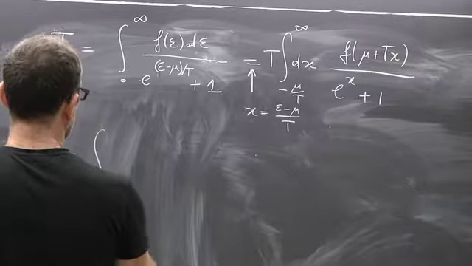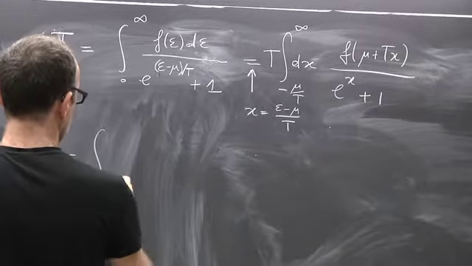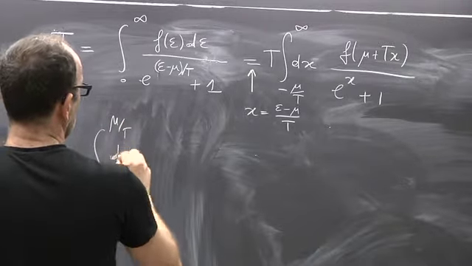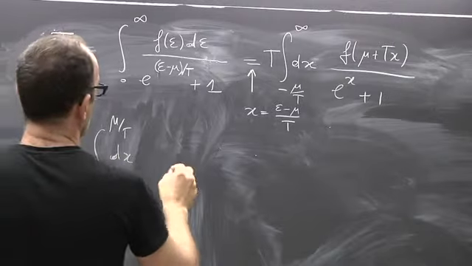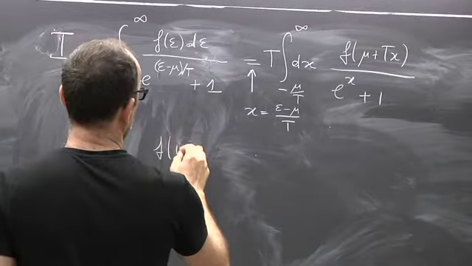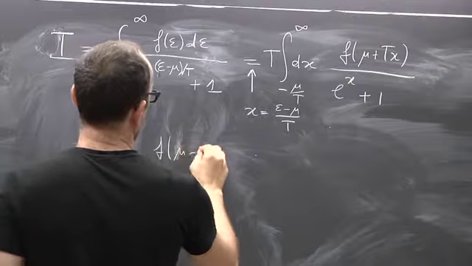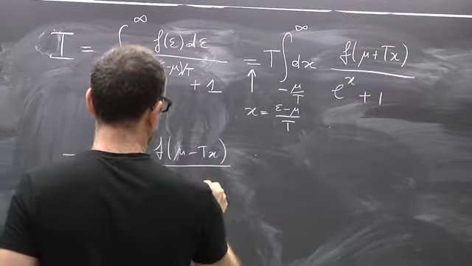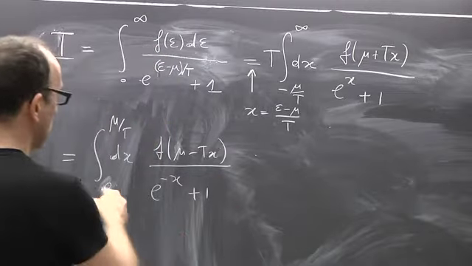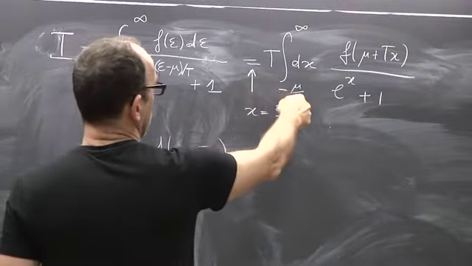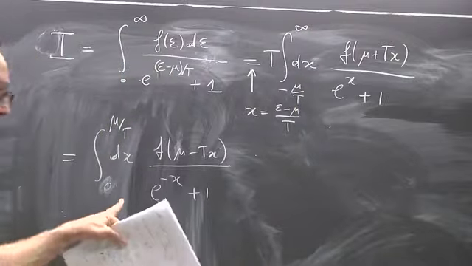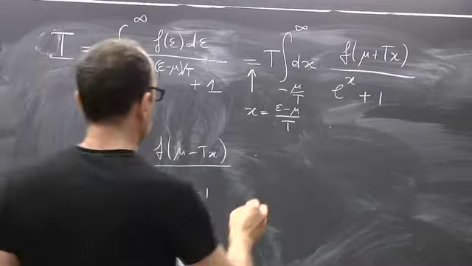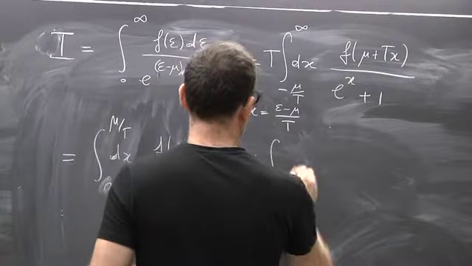So I can write it as integral from 0 to μ over t dx of f of μ minus tx divided by e to the minus x plus 1. So this is just the part of this integral from minus μ over t to 0 where I've changed x into minus x. And then there is the part from 0 to infinity.